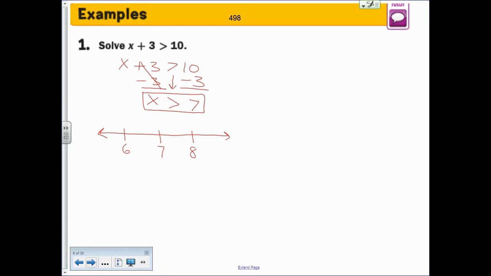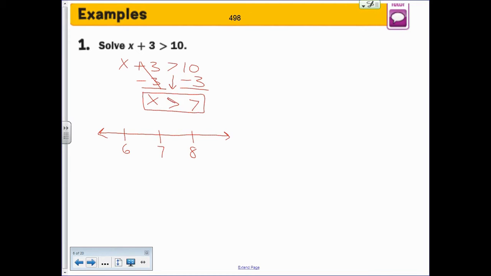Now we need to determine, should this be an open circle or a closed circle? And this is how we're going to determine that. Is 7 equal to x? 7 is not equal to x.